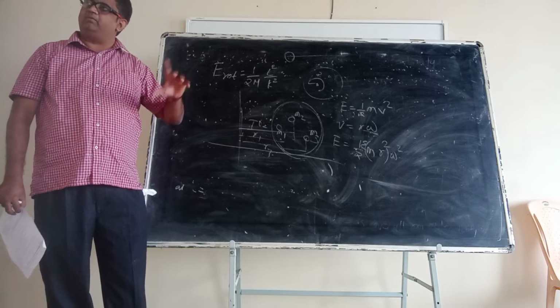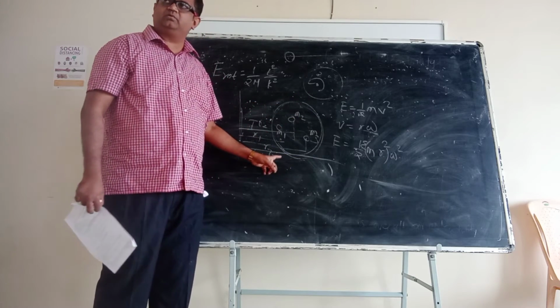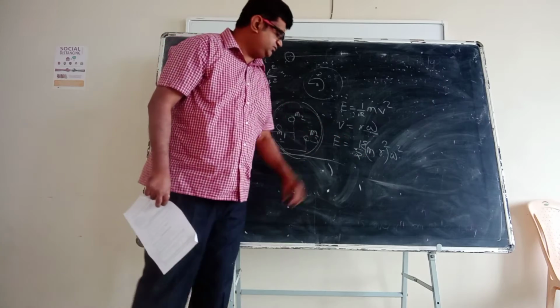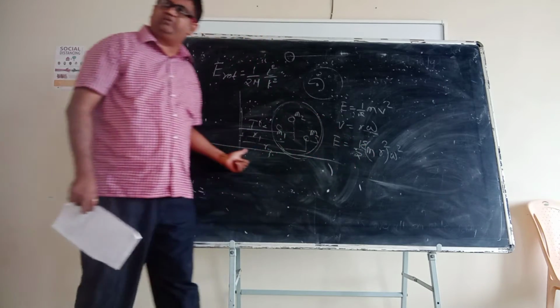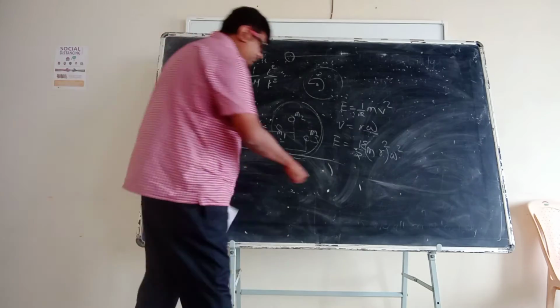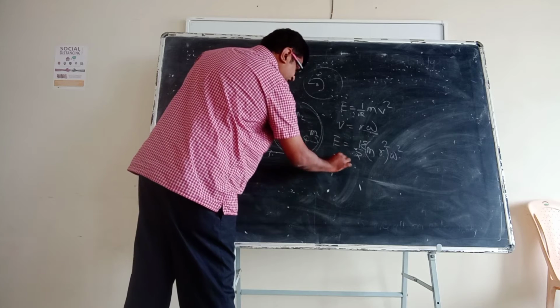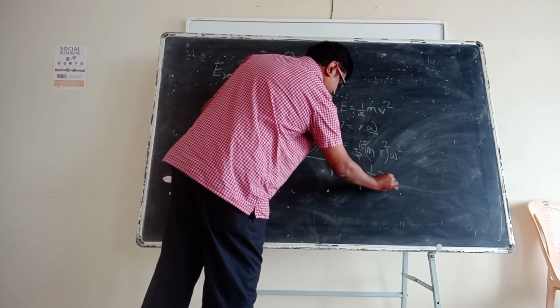I get basically the moment of inertia of that object, of this total mass. Okay, so if I do this, am I not getting the moment of inertia of the whole body? Yes or no? So now in this case, this E rotational becomes half I omega square.